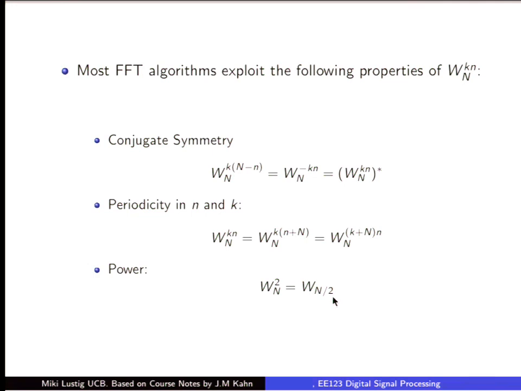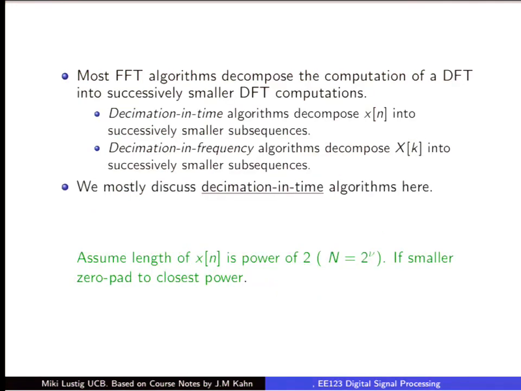So there are a lot of FFT type algorithms out there. But most of them decompose a computation into successively smaller DFTs. You have a big DFT you want to compute, you do a few smaller DFTs.